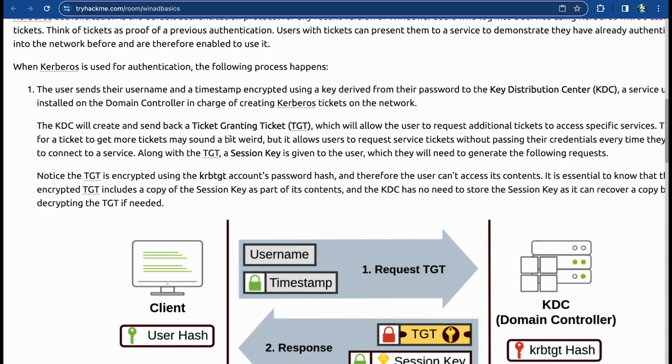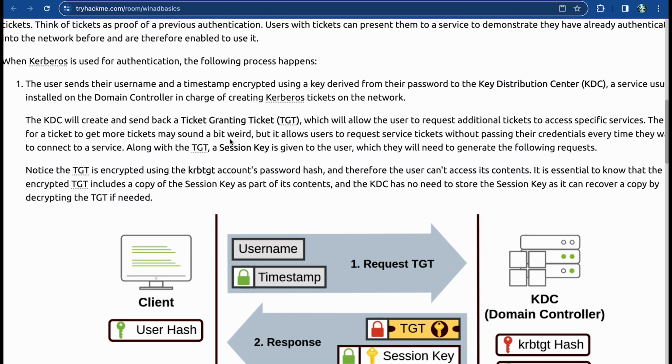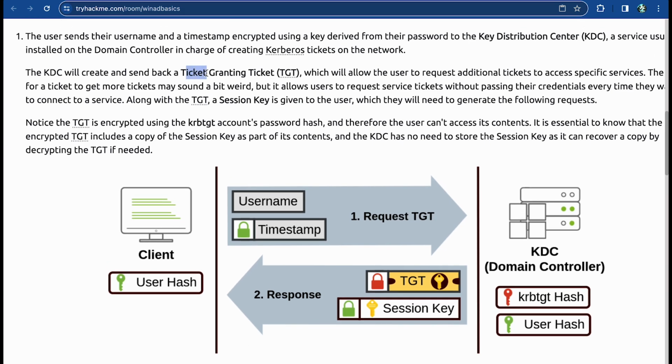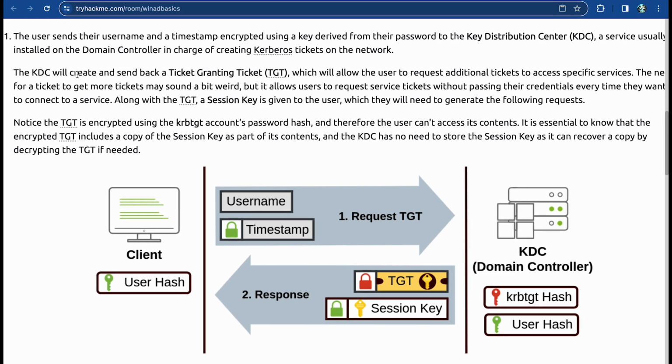So when Kerberos is used for authentication, the following process happens. The client with the user requests a ticket granting ticket. I'll just read this instead of trying to paraphrase it.